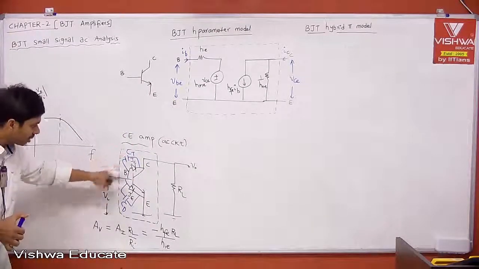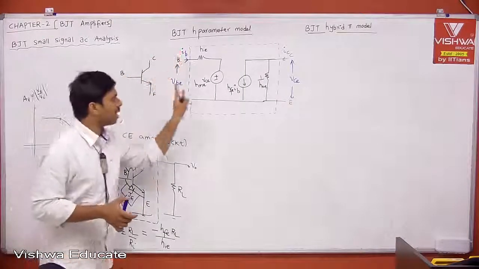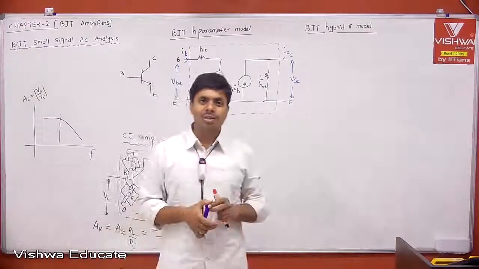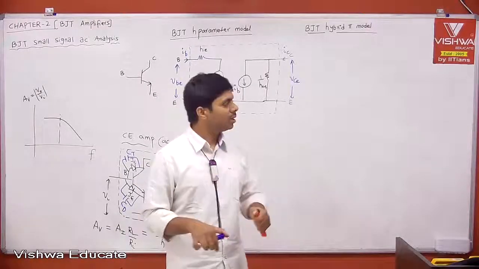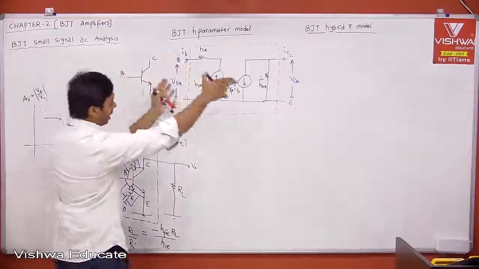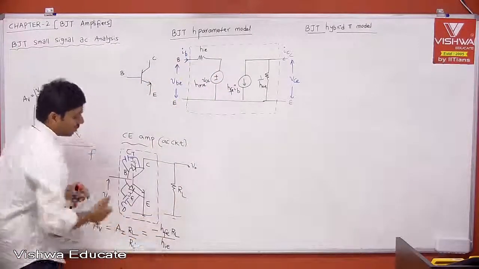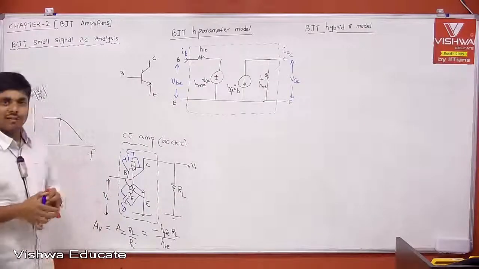These two capacitances are not considered and not modeled in the H parameter model. Always we get a gain of minus HFE into RL divided by HIE. The gain is not changing with respect to input signal frequency.